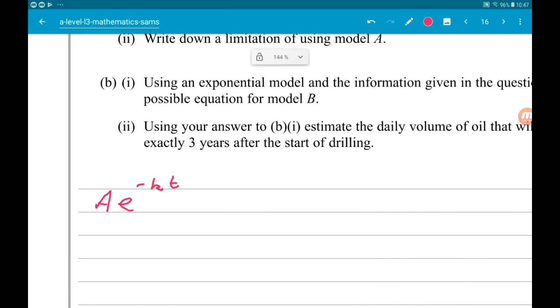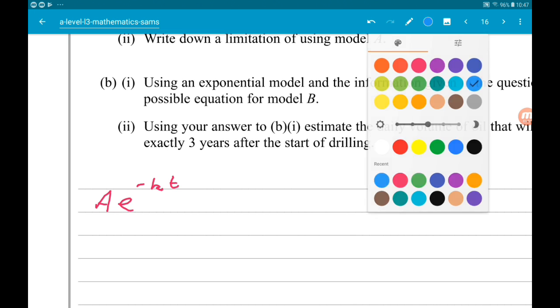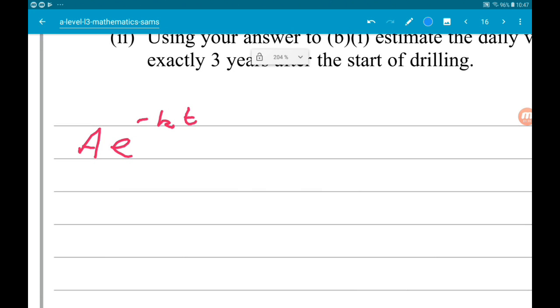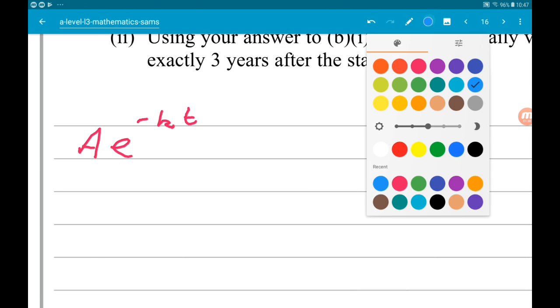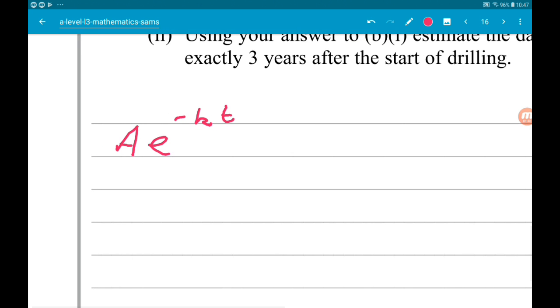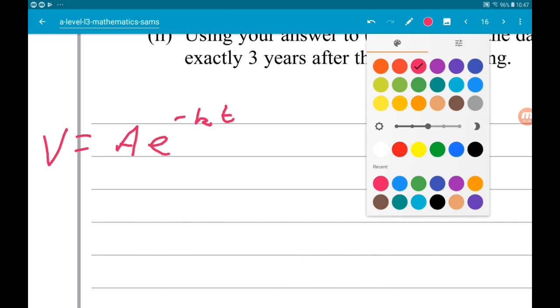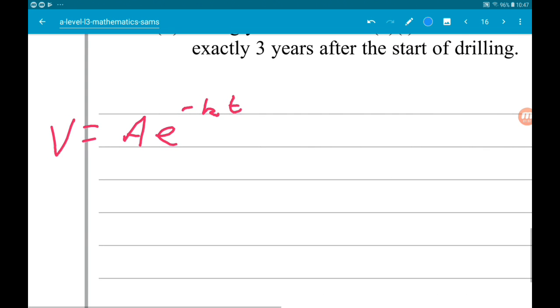Now, A is easy because we should also say V is equal to A e to the minus kt. My bad. Right. So we know when t is equal to 0, the question tells us V is 16,000.